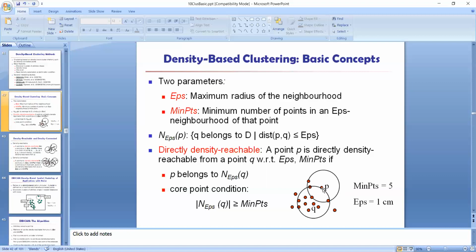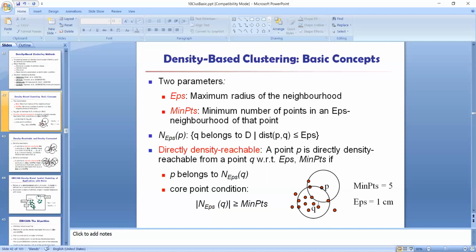That means P is not a core point. Now, is Q within the neighborhood of P? No, Q is outside of P's neighborhood. So Q is not directly density reachable from P, but P is directly density reachable from Q.